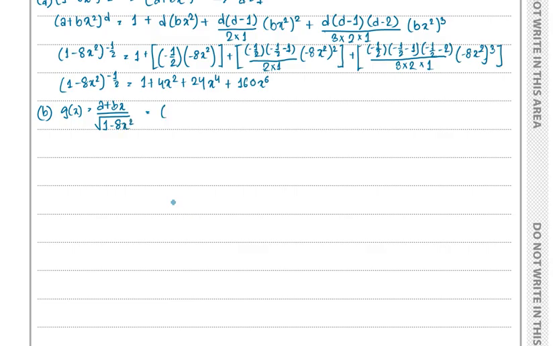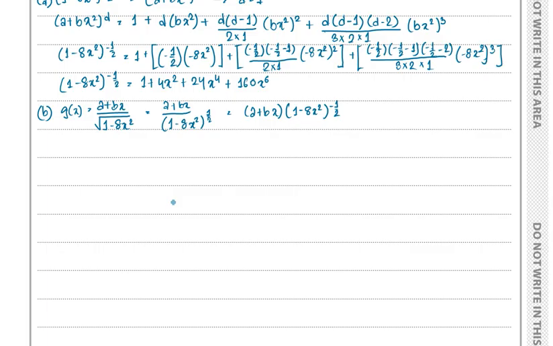And this thing can be written in the multiplicative form. Okay, let me just write another step. So this can be written as (1 minus 8x squared) to the power half. And if you want to write it in the multiplicative form, then this would be (a plus bx) multiplied by (1 minus 8x squared) to the power minus half.